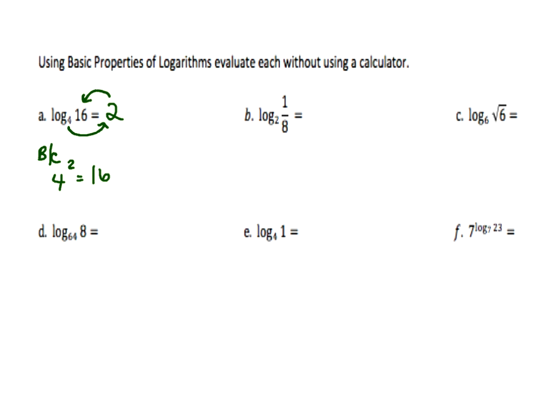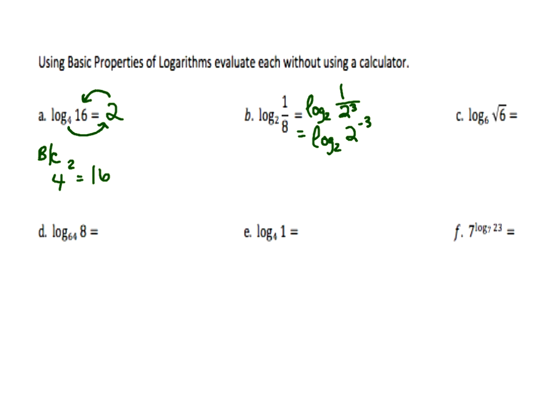All right, this next one I'm going to change because I don't like having the power of 2 sitting in the denominator. So this is the same thing as log base 2 of 1 over 2 cubed. And once again, I'll bring it up, log base 2 of 2 to the negative third power.